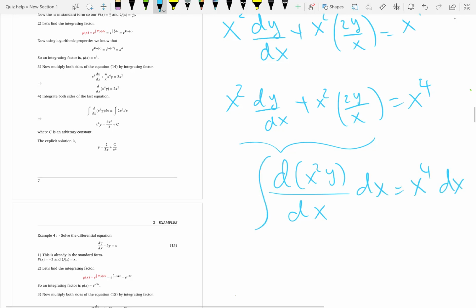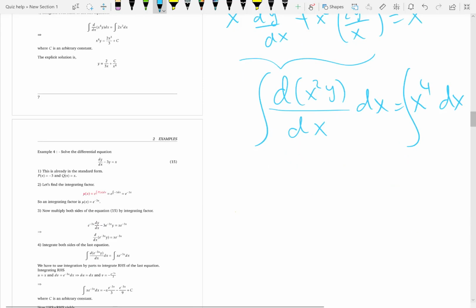Now we do an integration. On the left hand side, what you always get is the integrating factor times y. We saw that in the previous example and in our method too. So when you do the integration here, you get x squared times y, and if you integrate x to the 4, you get x to the 5 over 5 plus c, where c is an arbitrary constant.